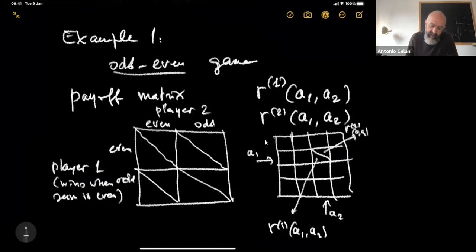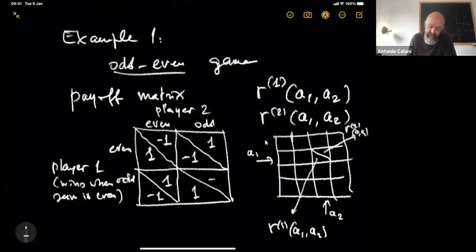So let's go back to our system. What happens to player 1 when both players play even? Well, even plus even is even, so player 1 wins, player 2 loses. What if one plays even and the other plays odd? In this case, player 1 loses and player 2 wins.